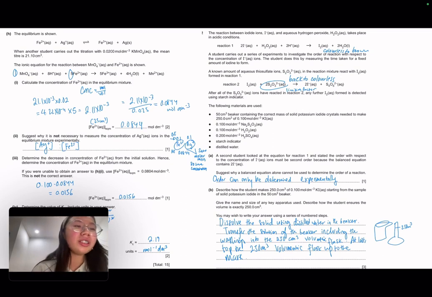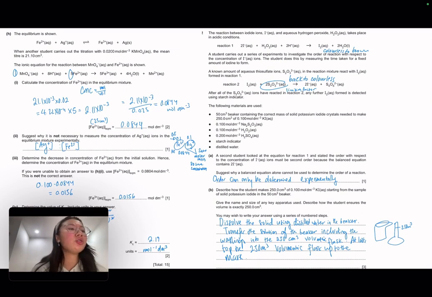Okay, so the first thing you want to do is dissolve the solid using distilled water in the beaker. And the second thing is to transfer the solution containing the beaker, including the washings, because usually when you transfer something, you don't transfer the whole thing entirely. Some solution might get stuck on the walls of the beaker and so on, right?